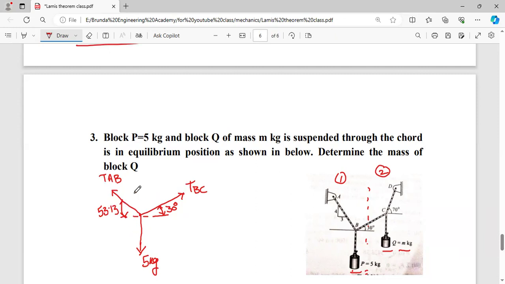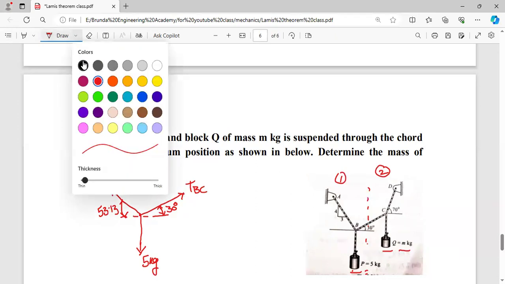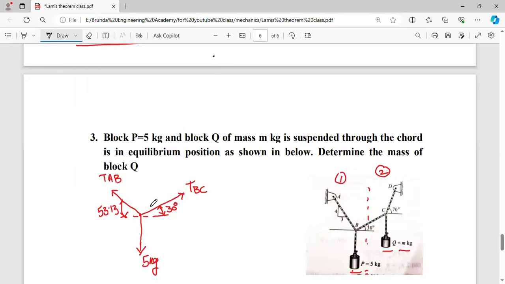But we want the angle between the entire forces. For that, it is already 90 degrees, and here it is also 90 degrees. So the total angle is 90 plus 53, that means 143.13. Next here 90 plus 30 means 120 degrees.